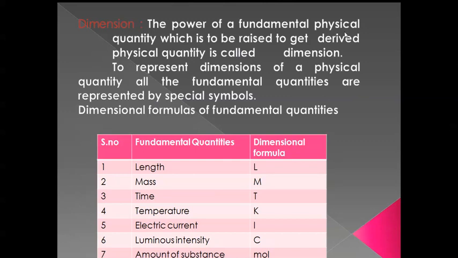See, the power of a fundamental physical quantity which is to be raised to get the derived physical quantity is called dimension. So this power is called dimension. L power plus 1 is the dimension. T power minus 1 is the dimension.